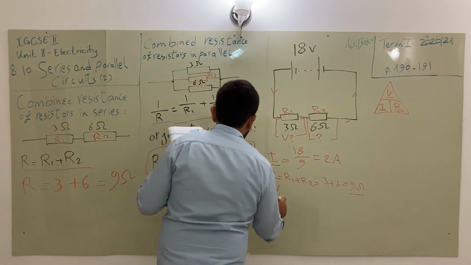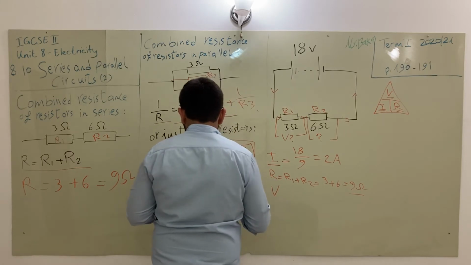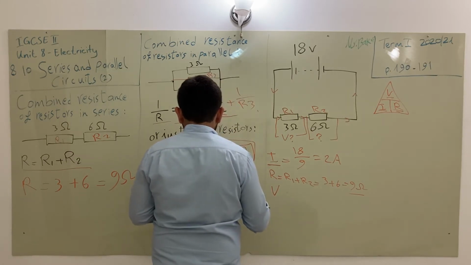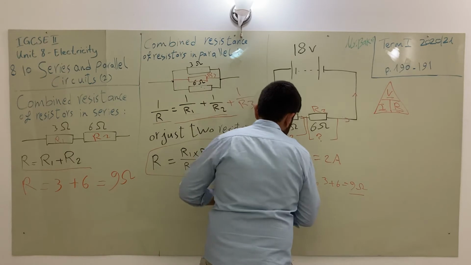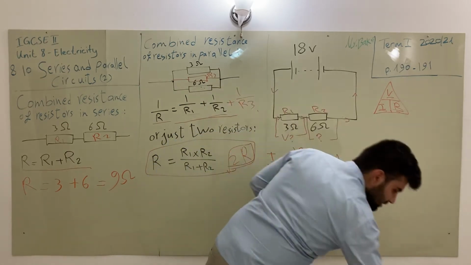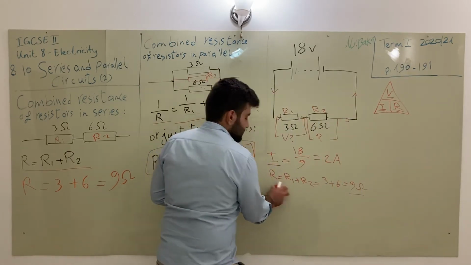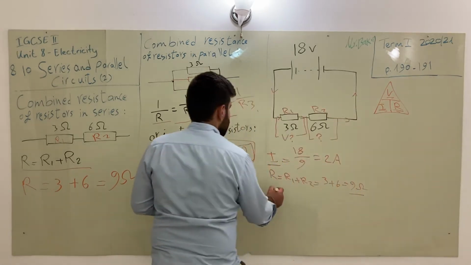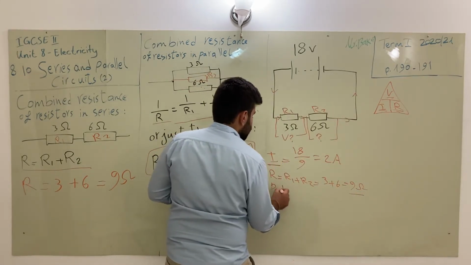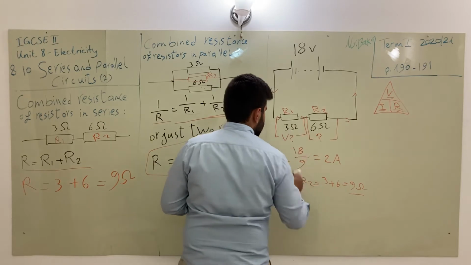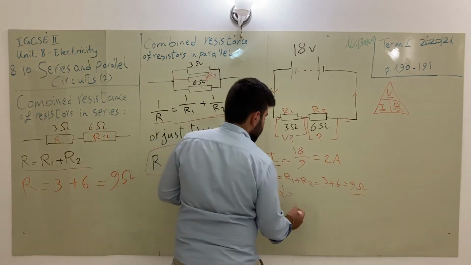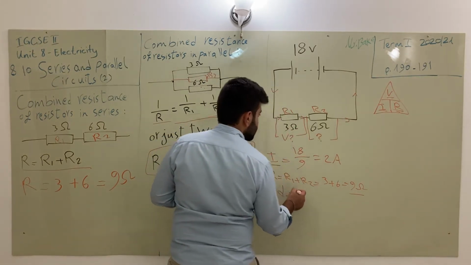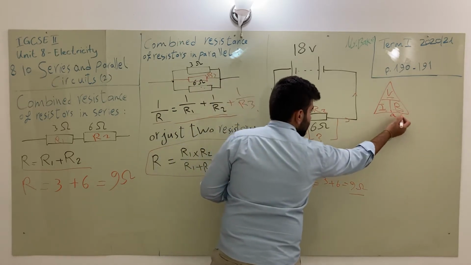So volt 1, for the VD, potential difference. Let me write for you so you won't confuse. Potential difference for the first resistor here is I, the current, multiplied by what?